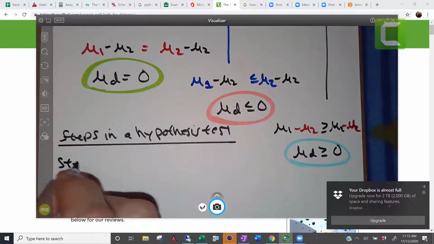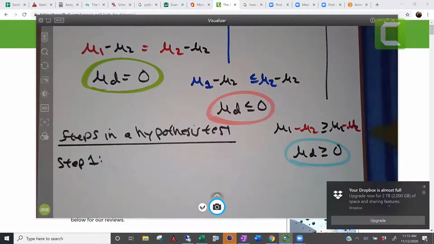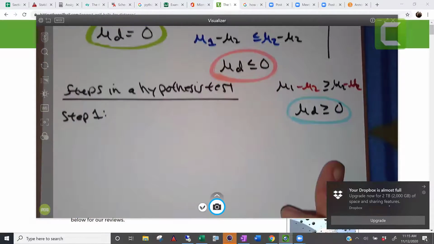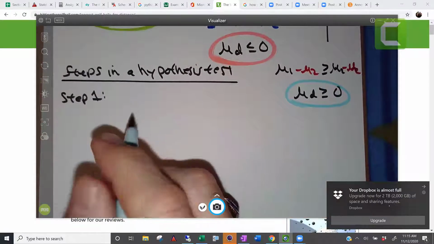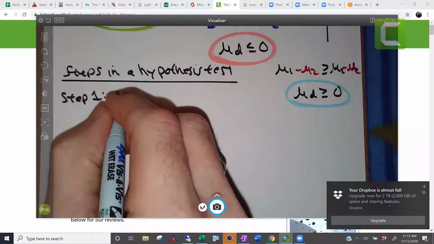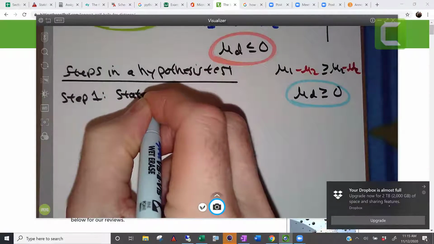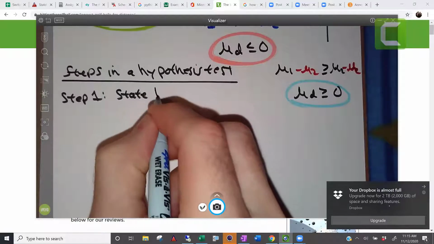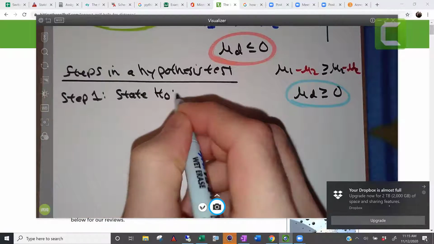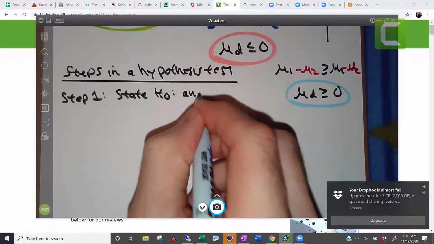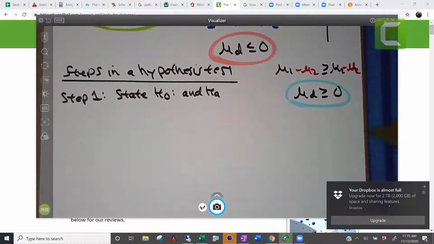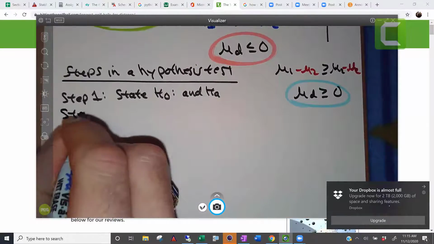Does anyone remember what step 1 has been for us in all these things? What do we always do in step 1? Define the alternative and null. There you go. Thank you both. State H0 and HA, the null and alternative hypothesis. Cool.